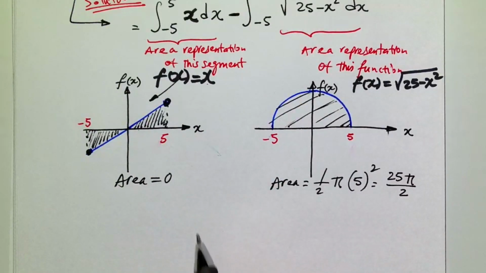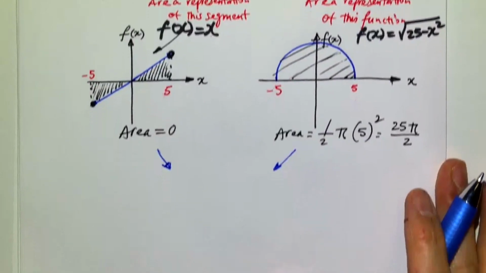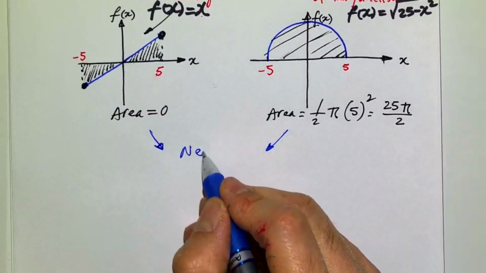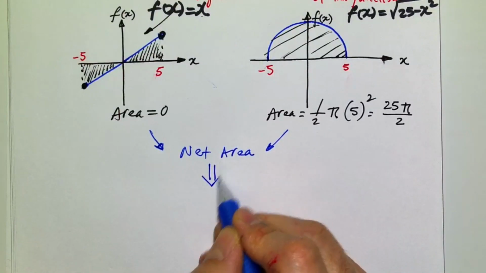So total area then, or I should say, since we've been calling it net area, let's call it that. So net area is as follows.